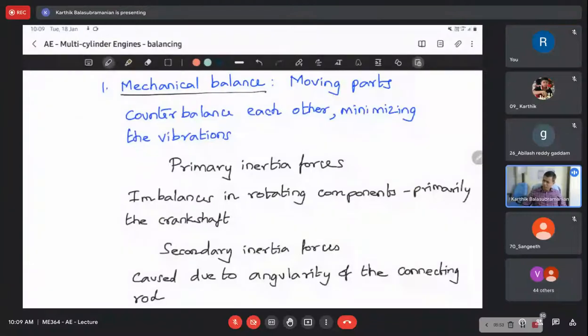So all of you must have learned balancing of rotating masses, in what, dynamics of machinery. Yes, sir. So how are the rotating masses balanced?